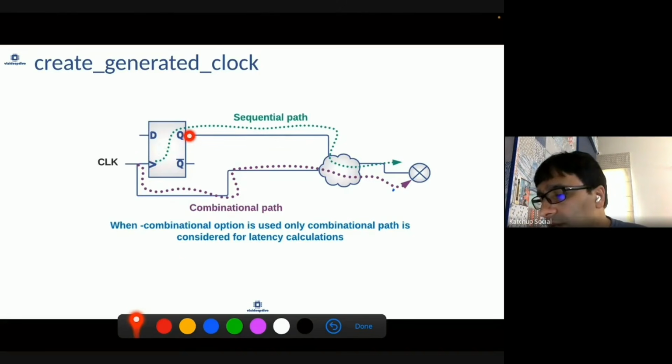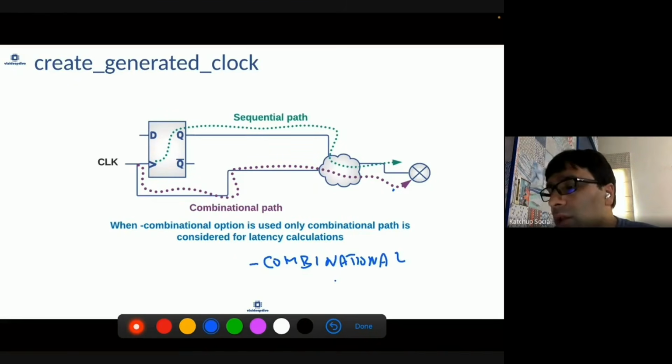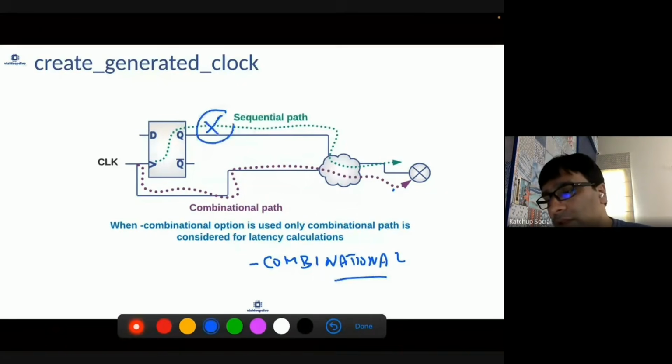There is an additional option to the generated clock called combinational. When this option is used, the sequential path is not used for calculating the clock latency. Only the combinational path is used.